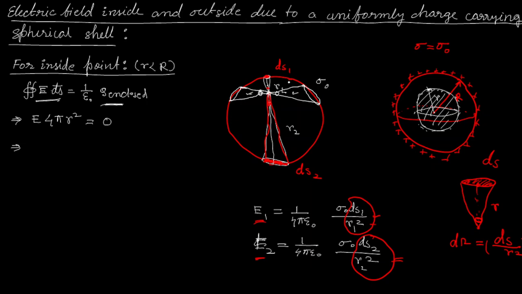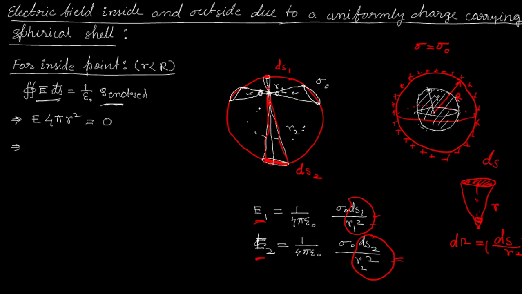Similarly, the whole surface of the sphere can be represented by a large number of pairs of cones in this way, which will pass through this point, and every time each pair will create a net electric field of 0, and because of that, the electric field at this point will be 0. Since this is true for this point, it is also true for any other point inside the spherical region.